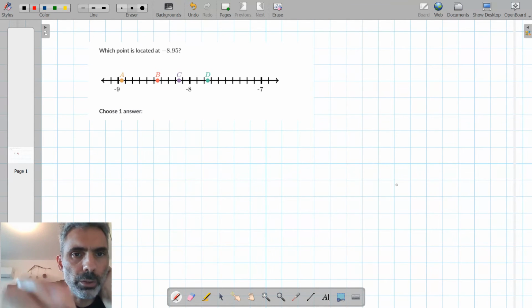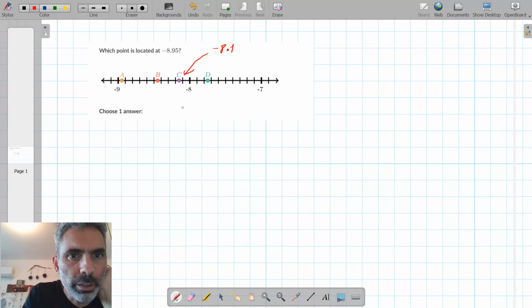Okay, so this here is minus 8.1, and this hash mark here is minus 8.2, and so on. This one is minus 8.3.